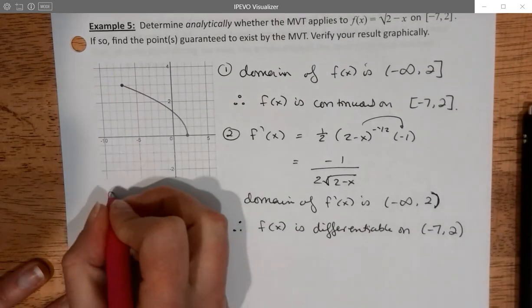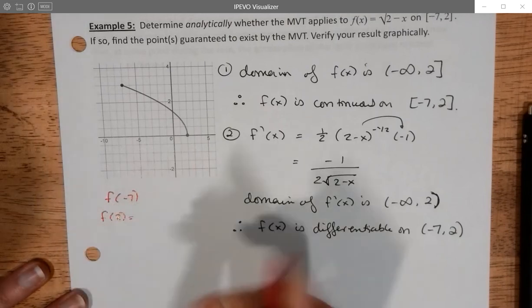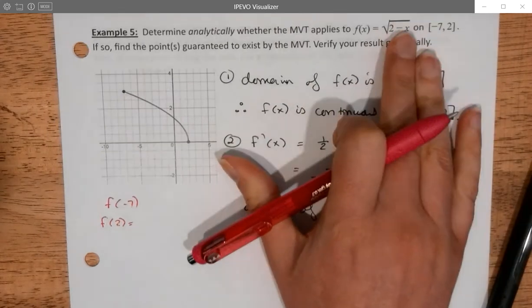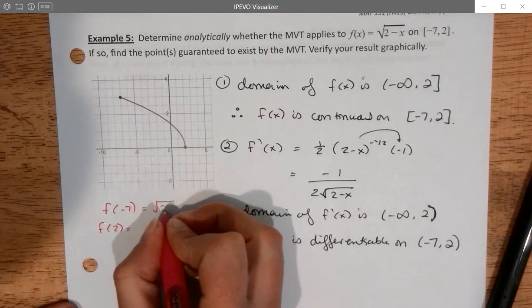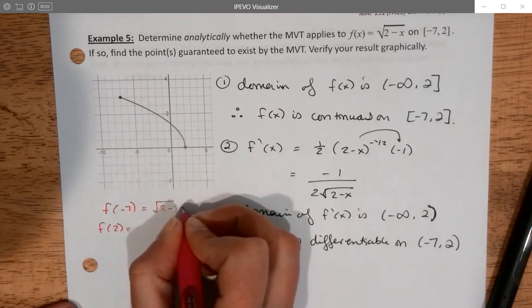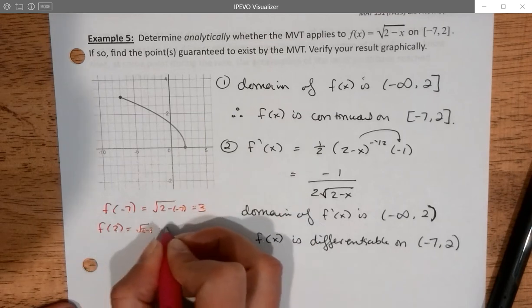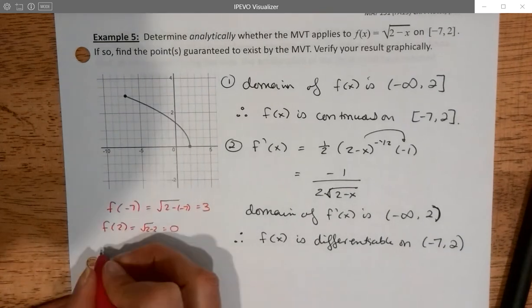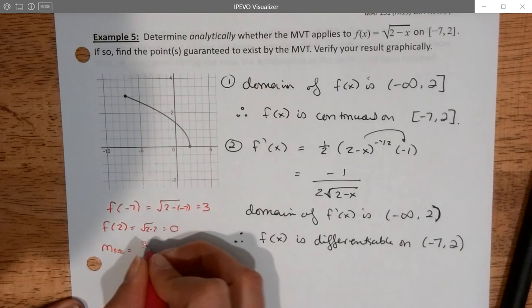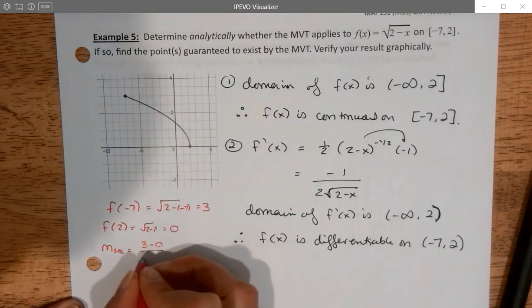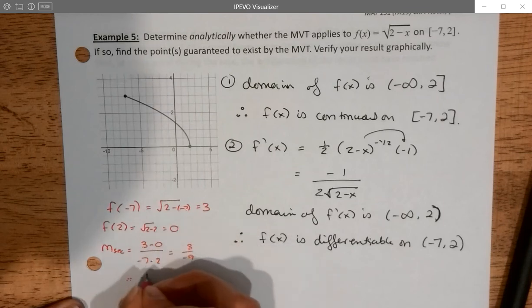So let's first find f of -7 and f of 2, because those are the endpoints of my interval. Into the original, f of -7 is square root of 2 minus -7, that's 9, so that's 3, and f of 2 is 0. So the secant slope is going to be 3 minus 0 over -7 minus 2, so 3 over -9, or -1/3.